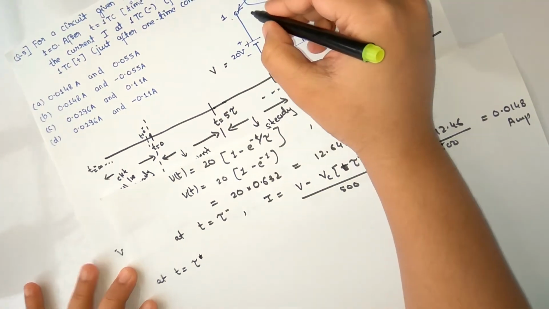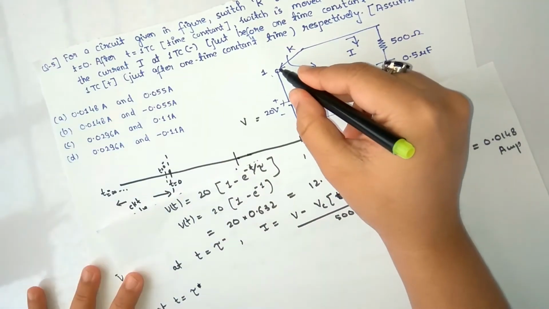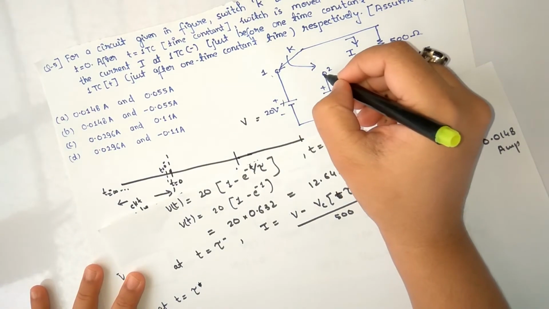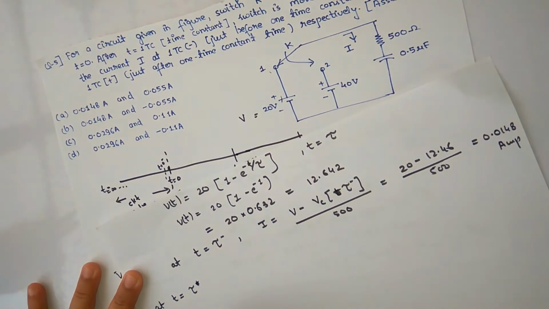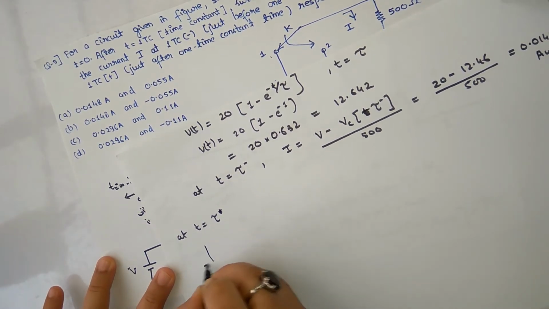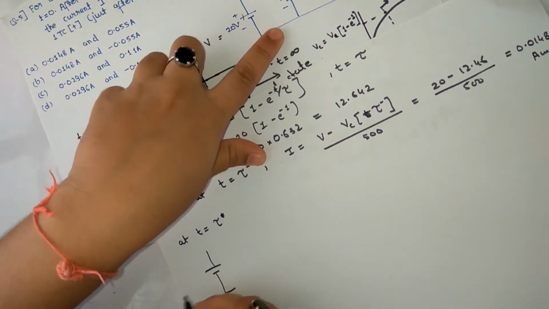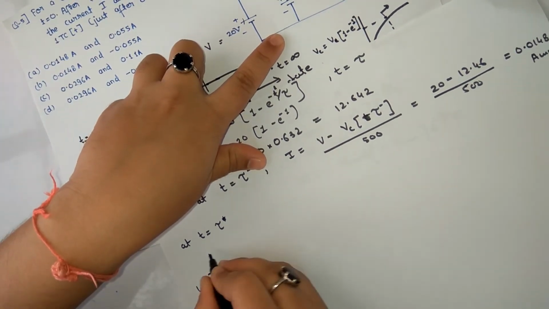Now what is happening at t equal to tau plus? The switch is removed from terminal 1 and connected over here, so the circuit reduces to this: initially it was 20 volts, now it will be 40 volts.